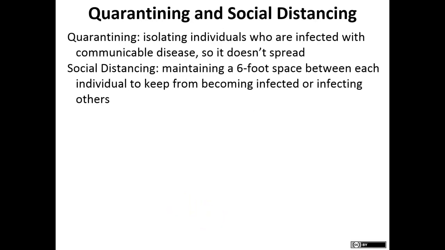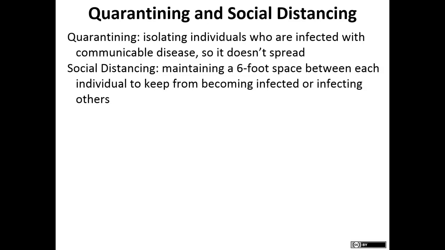When individuals are ill with an infectious communicable disease, they have to be isolated. Quarantining is isolating individuals who are infected so that the disease doesn't spread. Typically, quarantining occurs when a disease is highly deadly or highly contagious and can cause a lot of damage.